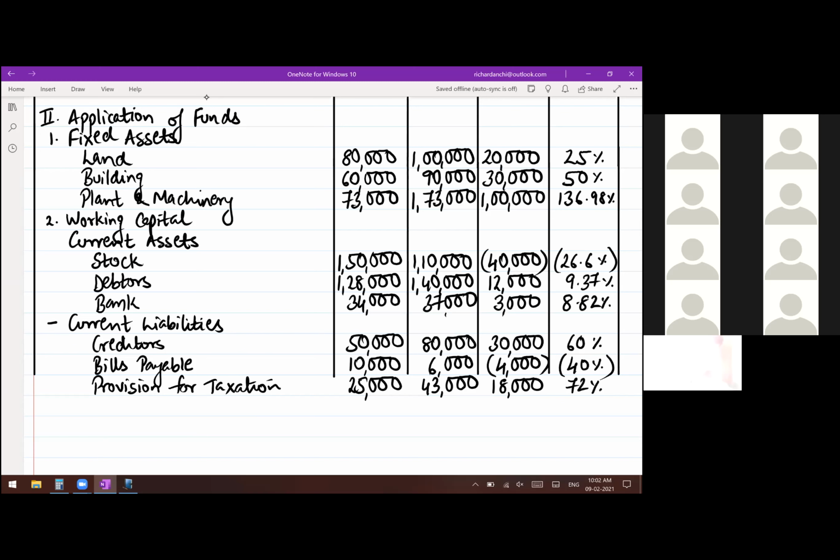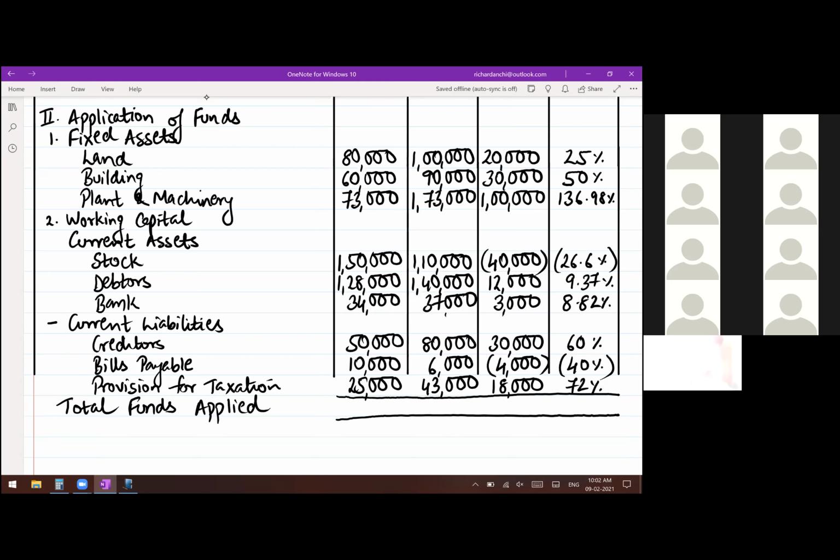That's it. You have finished your asset side, that is application of funds, completely. Your last head will be the total, and that is total funds applied. Now be very careful.